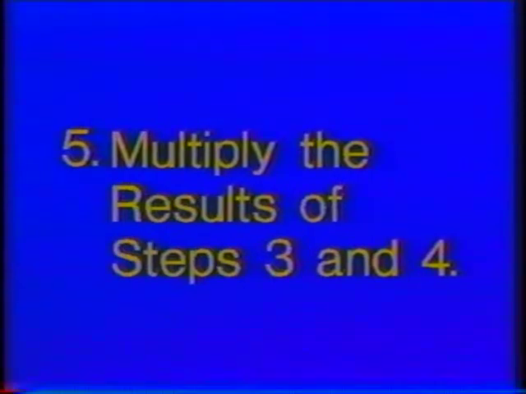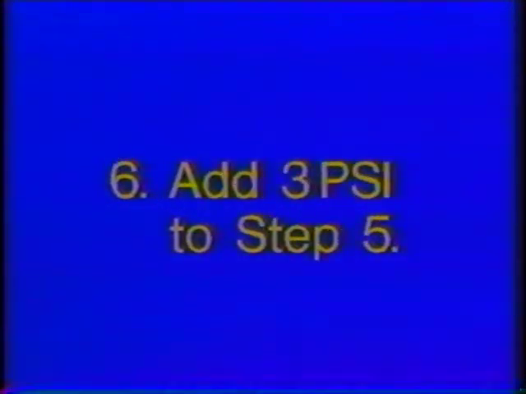Fifth, multiply the results of the previous two steps. And finally, step six, add 3 psi to the answer in step five. Using these six steps, we can calculate a transmission pressure equivalent for any sensed condition, whether it is temperature, pressure, or relative humidity.